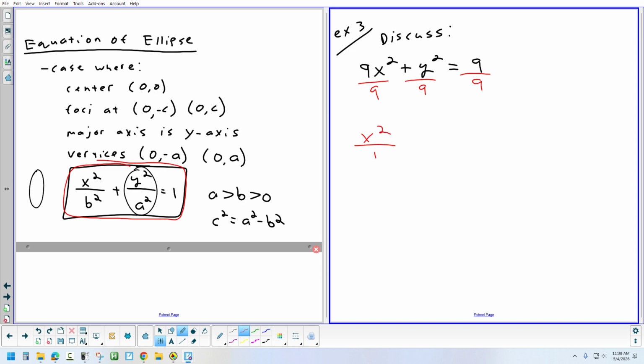So it's now going to be x squared over 1 plus, you're just going to leave the 9 in the bottom for the y, and now it's equal to 1. Okay, so we're going to discuss it. But before we get to that point, what are the first 3 things we want to identify? A, B, and C.